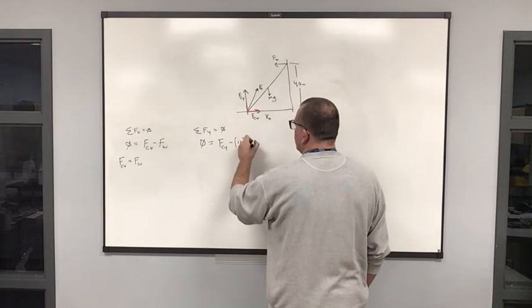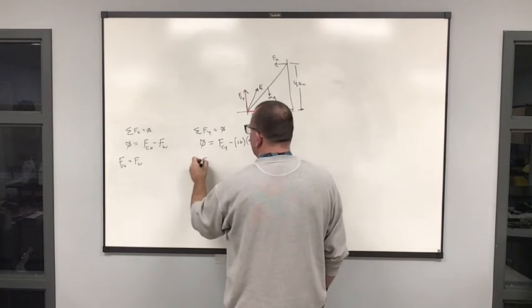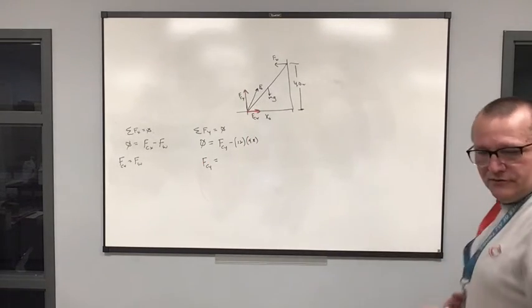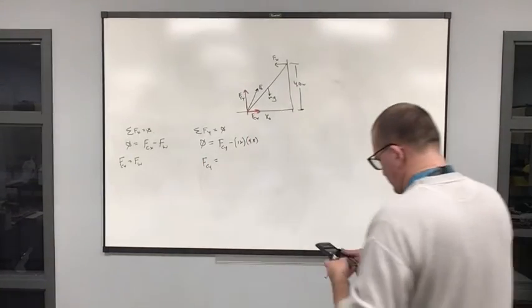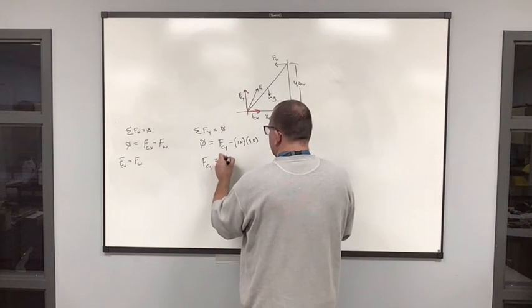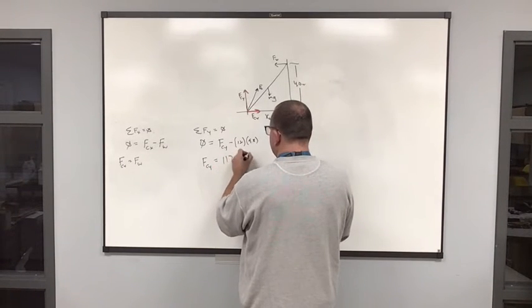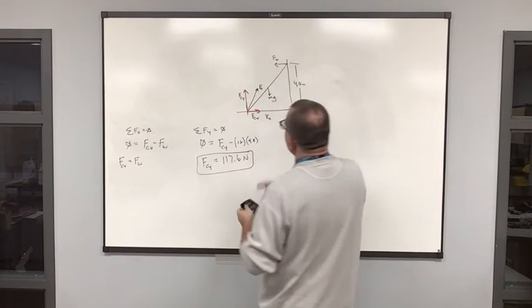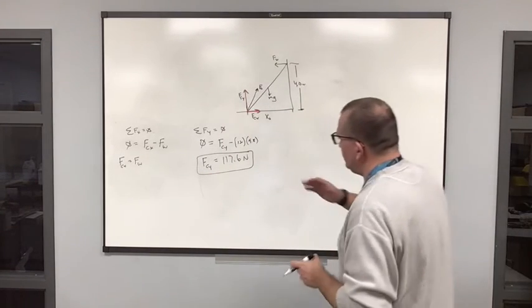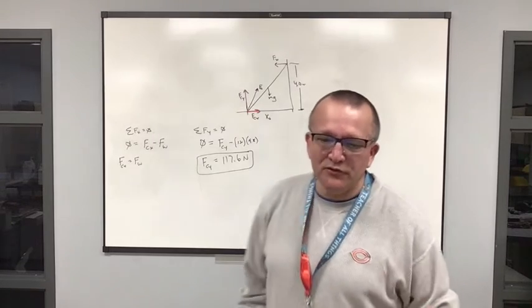So 12 times 9.8. So F_C of y is going to be equal to 117.6 newtons. So we know the force in the y, okay, from the floor. So we got that. And now we want to do torque.